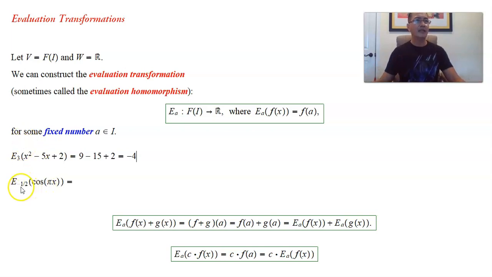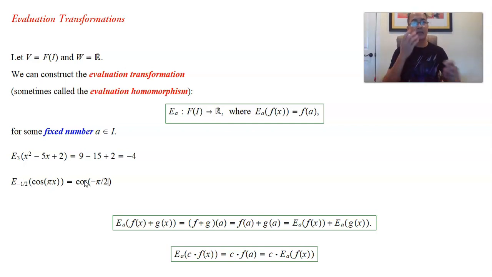How about E sub negative 1/2? There's nothing wrong with having a fraction there. Of the function cosine pi x. Okay, so step by step, this is the cosine of pi times x. So negative pi over 2.